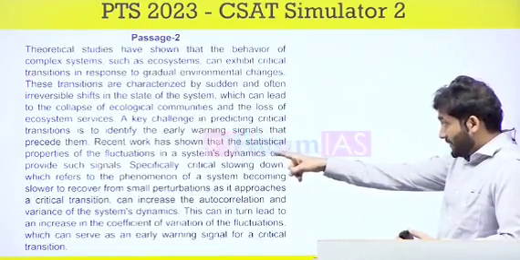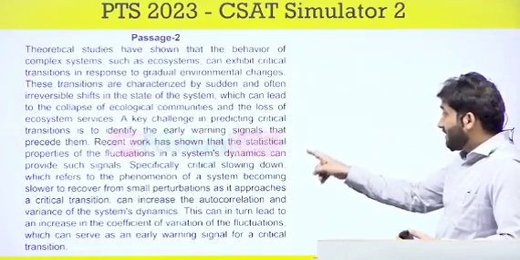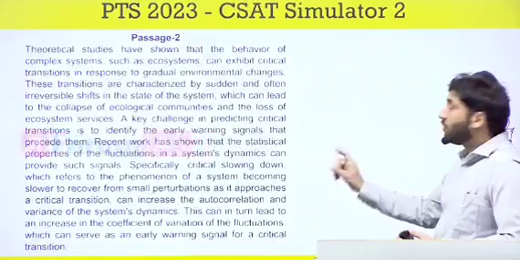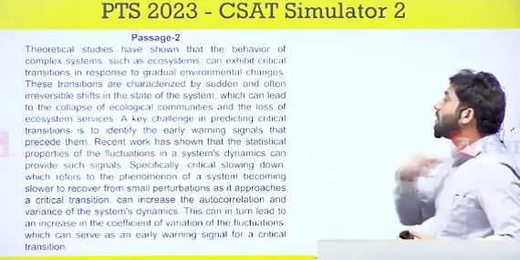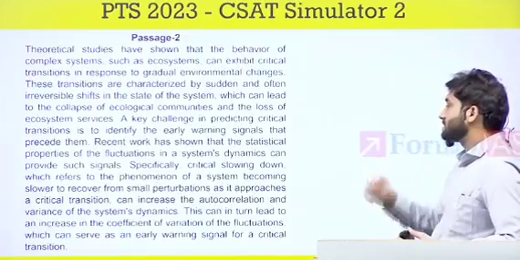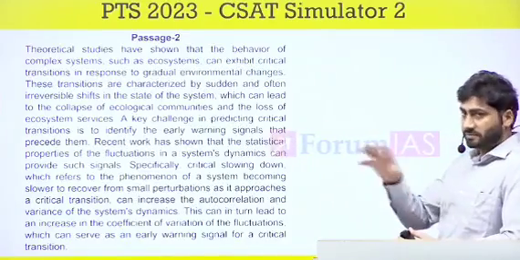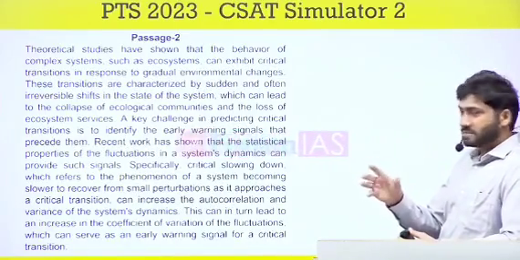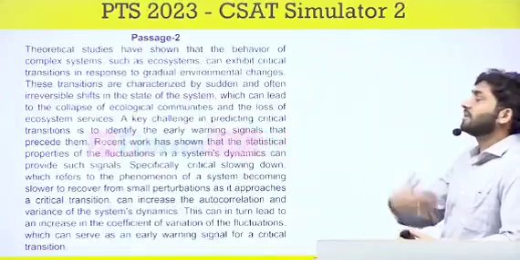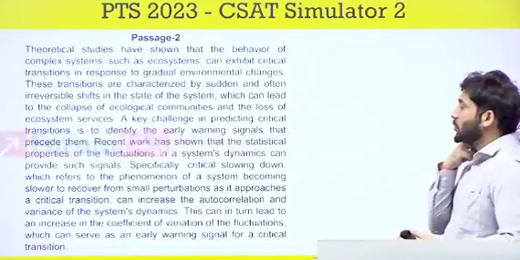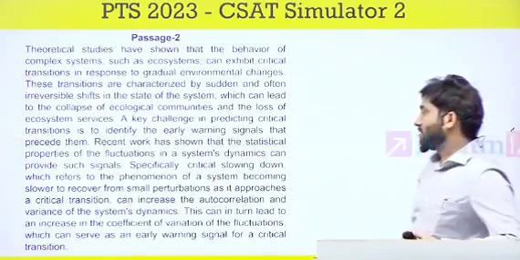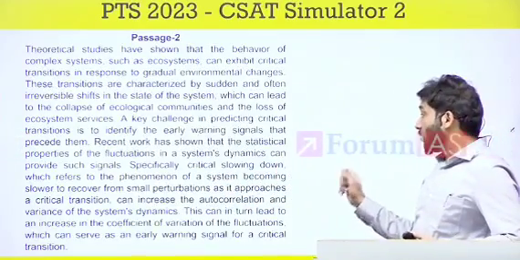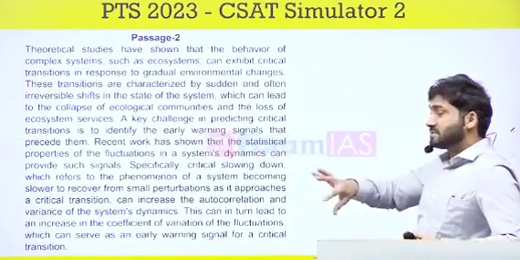Specifically, this provides us signals, specifically critical slowing down, which refers to the phenomenon of a system becoming slower to recover from small perturbations as it approaches a critical transition. There are some changes, some effects, and from that it's not recovering. That process is getting slowed down. That can increase the autocorrelation and variance of the system's dynamics.